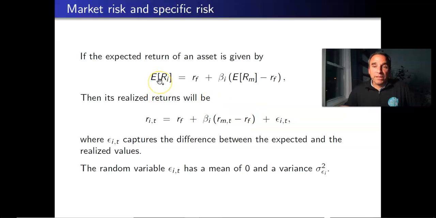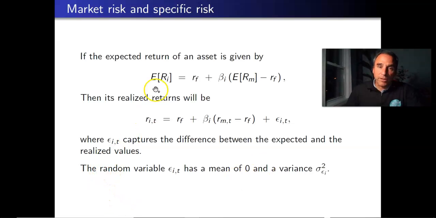If the expected return of an asset is given by the CAPM equation, the risk-free rate plus beta times the market risk premium, then the realized return will be the CAPM equation with realized values plus a difference, like an error term. The error term captures the difference between what was expected and what was realized.